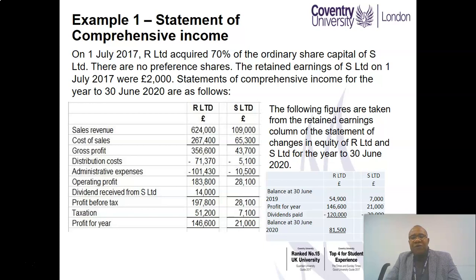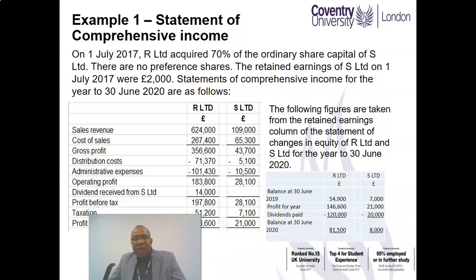The following figures are taken from the retained earnings column of the statement of changes in equity of R Limited as well as S Limited for the year ended 30th June 2020. You have the balance brought forward of 54,900 for R Limited and 7,000 for S Limited. I'll move myself to this side so you can see that properly.